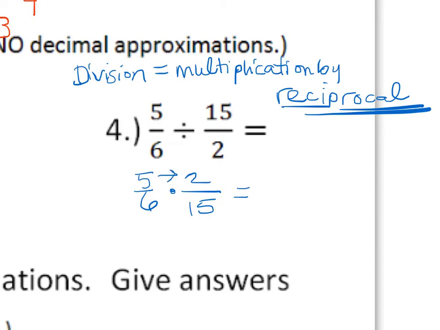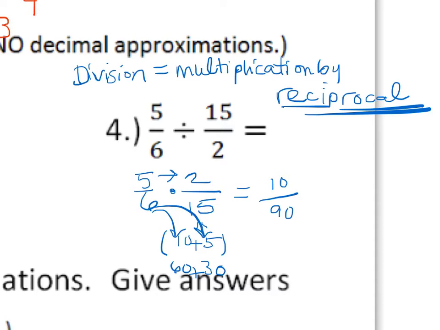Okay, well now it's back to the same problem we had last time, multiplication. 5 times 2, multiply straight across, is 10. 6 times 15. Well, here's a trick for doing big numbers in your head. Break whatever big one is into addition, and you can just distribute, right? 15 is 10 plus 5. 6 times 10 is 60. 6 times 5 is 30. 60 plus 30 is 90.